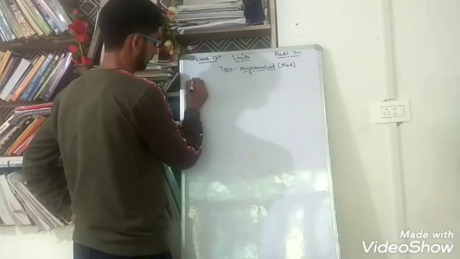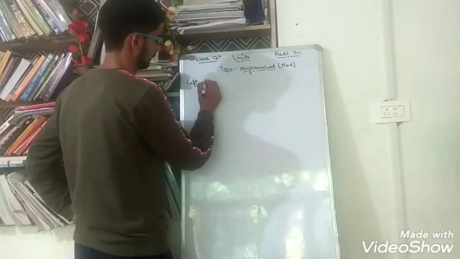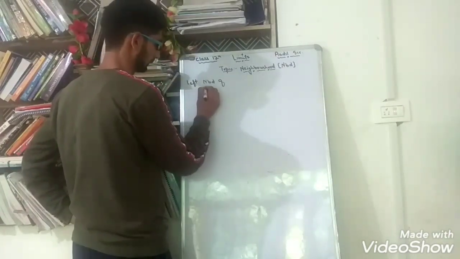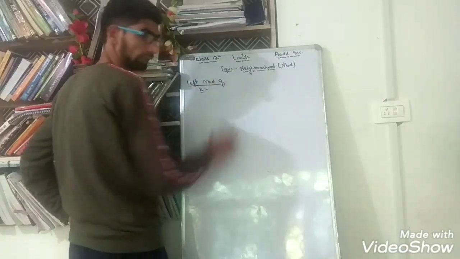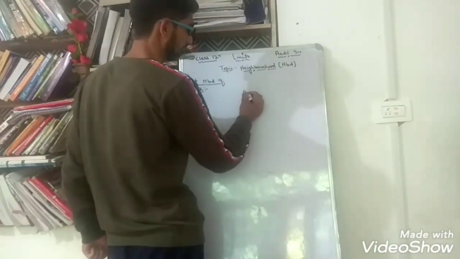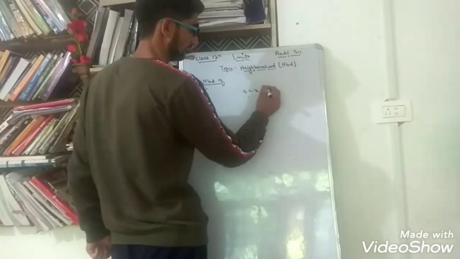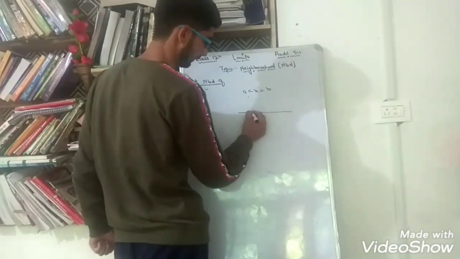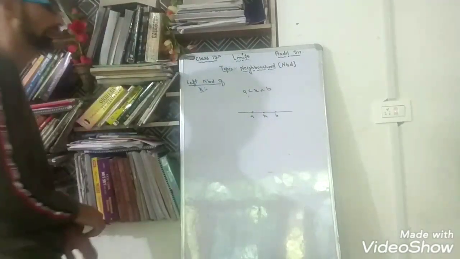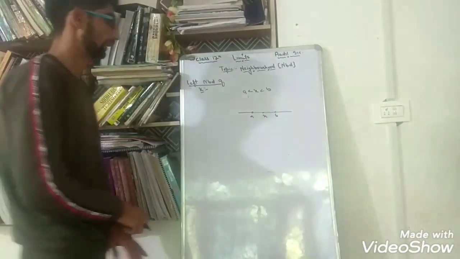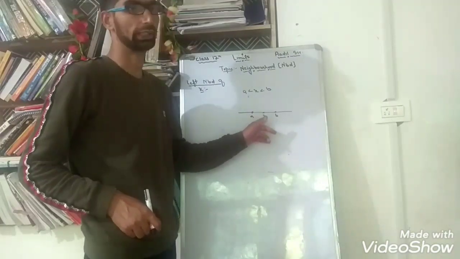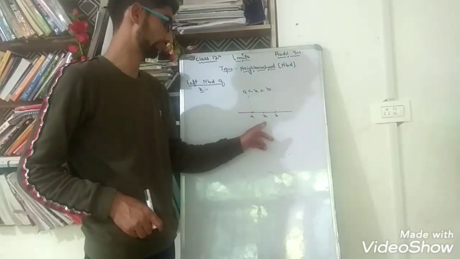Now the third one is the left neighborhood of x. Again, if we have 3 points, 3 real numbers, a less than x less than b, for example we have 3 points here: a, x, b.